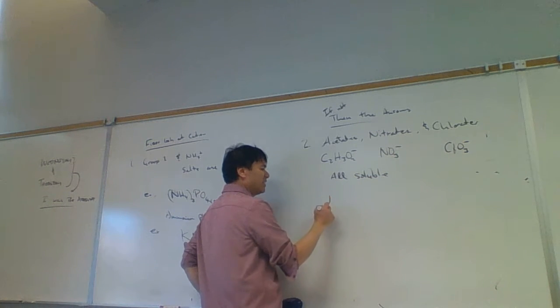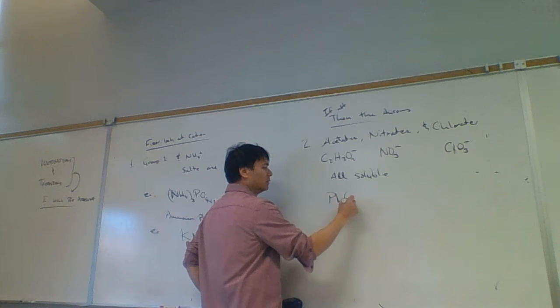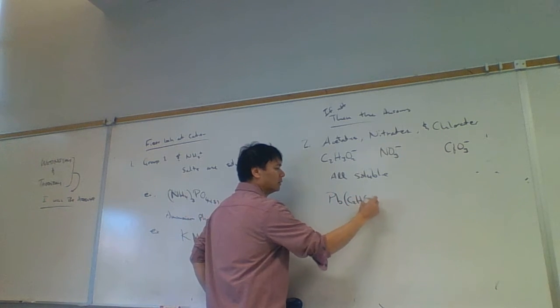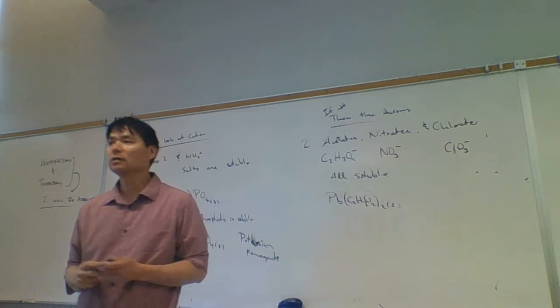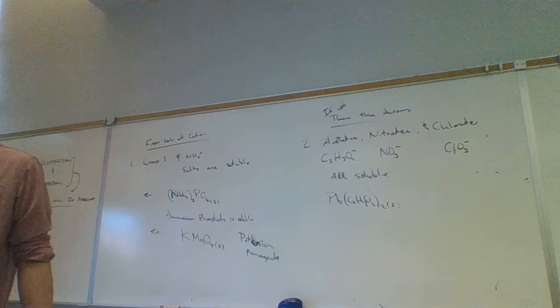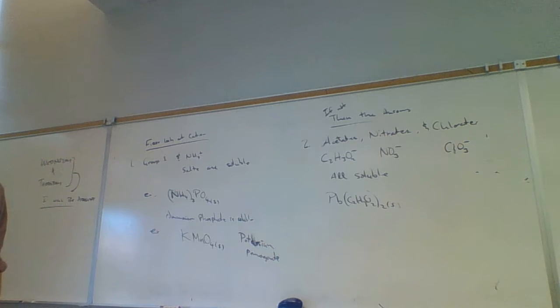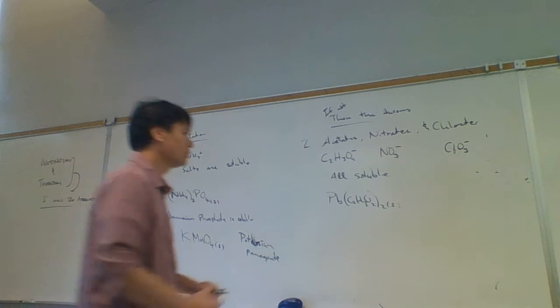Okay, so let's name this. This is a white solid. Is this white solid soluble or insoluble? This white solid is soluble. What is the name of that white solid? Yeah, this is lead 2 acetate.